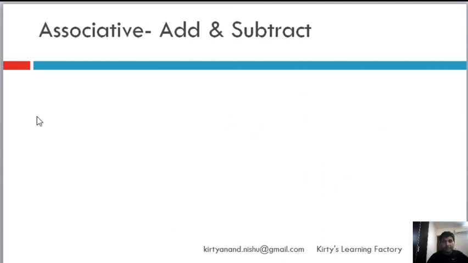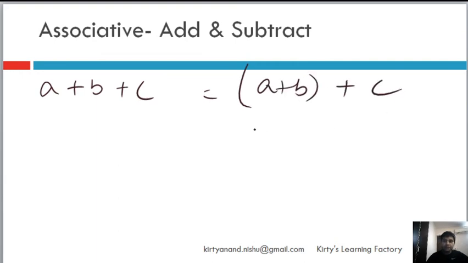Simple. Associative property. So it is basically a plus b plus c. There are three integers. Now there are two ways of doing it. Either you can do a plus b first and then add c, or you can take out separate a and then add b plus c, and it will be associative for all the integers, and you can check it out.